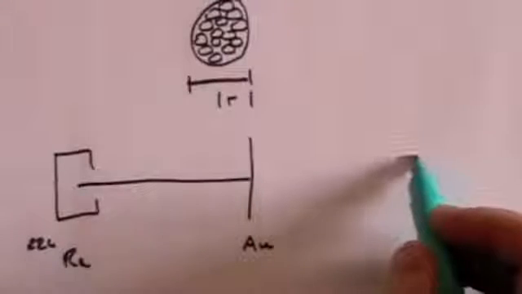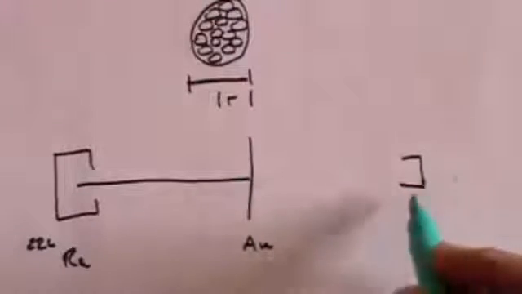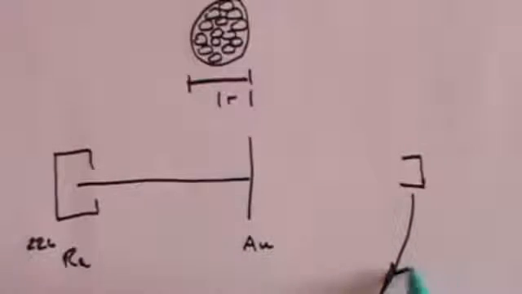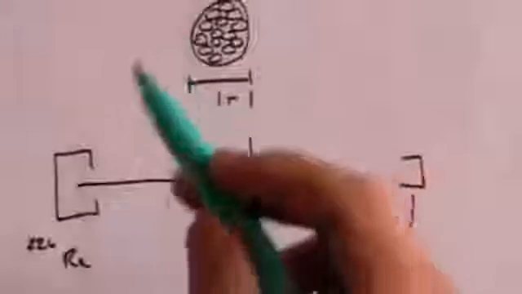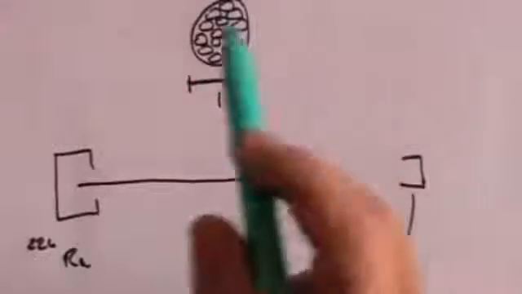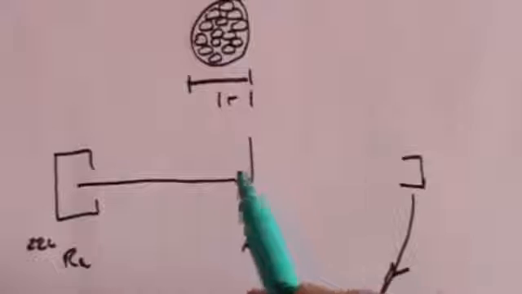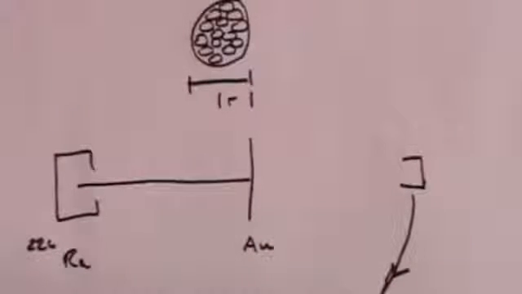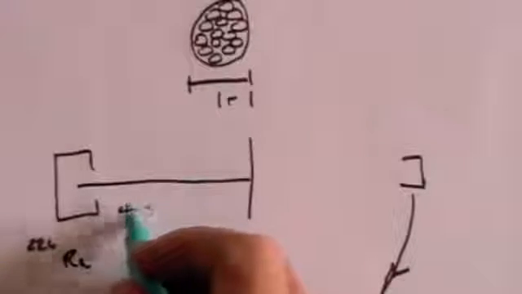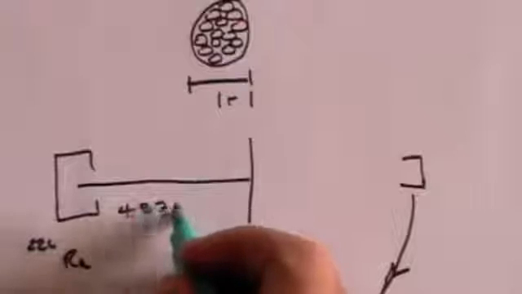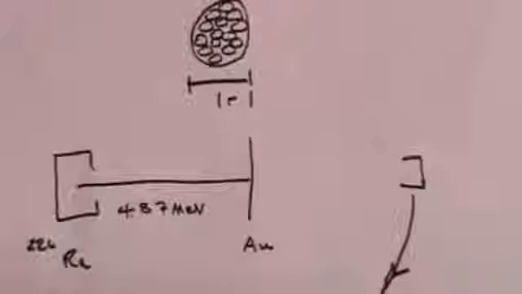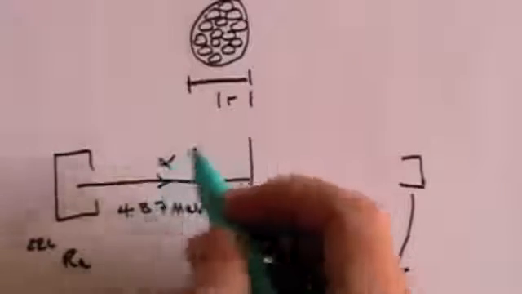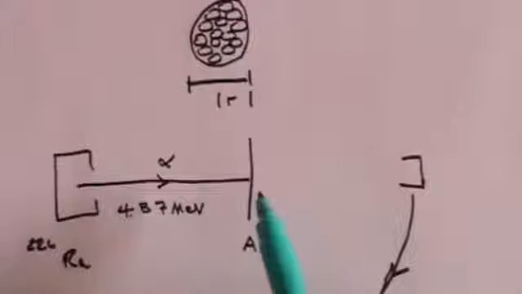On the other side he had a detector, on a swivel, so that he could move the detector right the way round in almost a full circle to detect whether alpha particles came off here, here, here, or wherever. The energy of the alpha particles was 4.87 MeV, and these here are alpha particles hitting the gold foil.